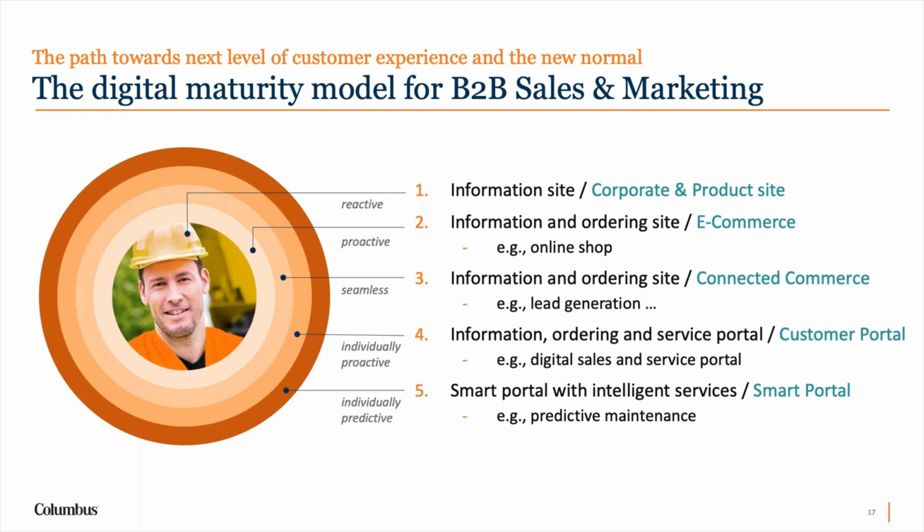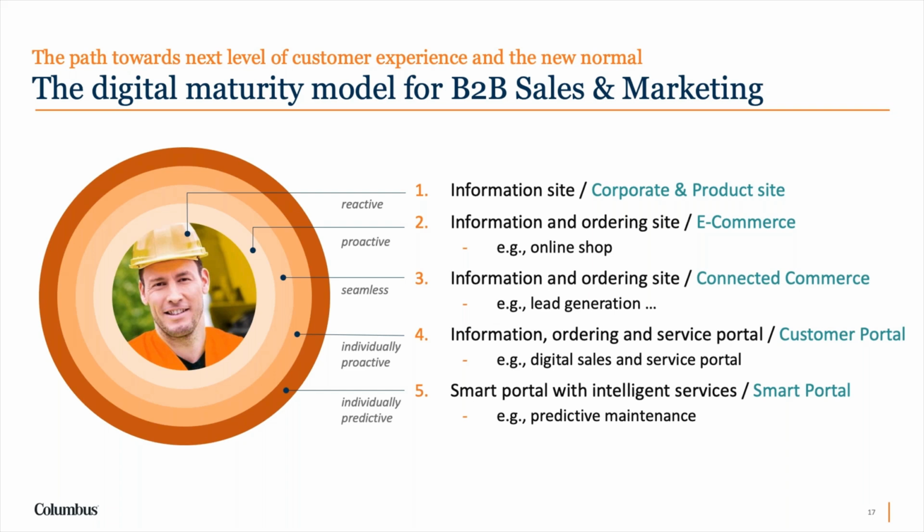So the next step that is more common is to have a proactive approach. That means you provide an online shop. Here is my catalog, please go in and buy. And it's still better than the informational site. But there is a step more, that is the seamless, so have a connected commerce.